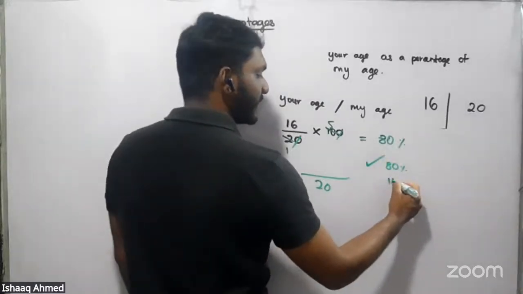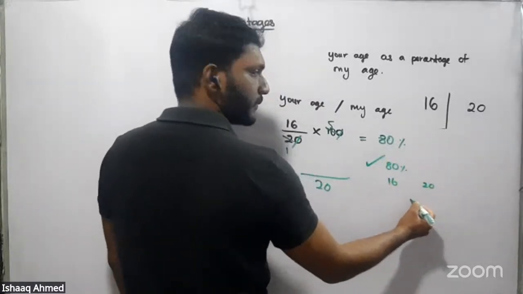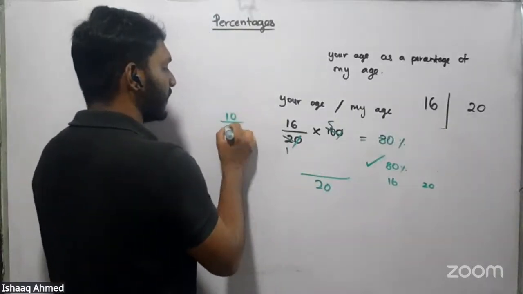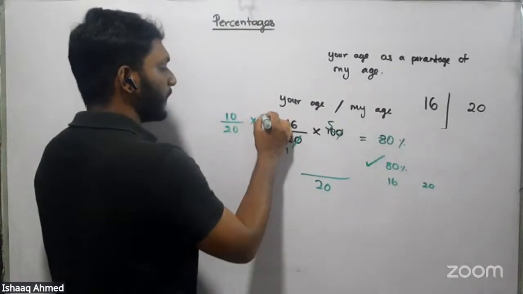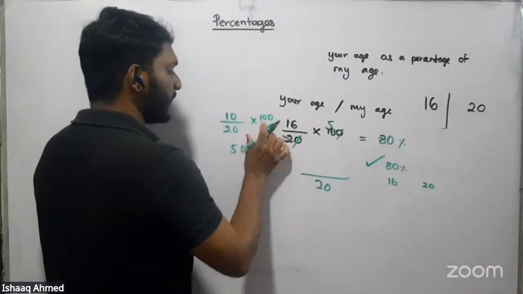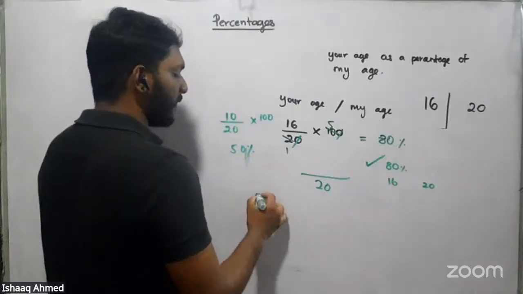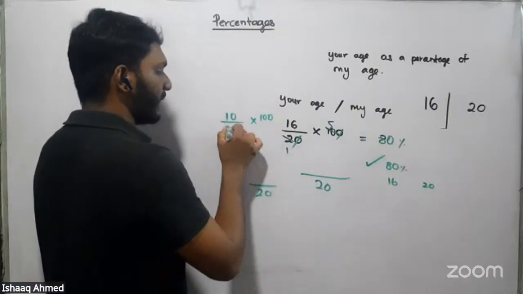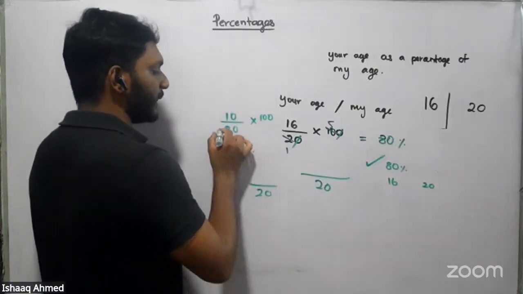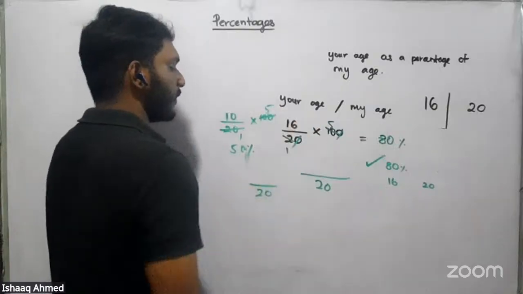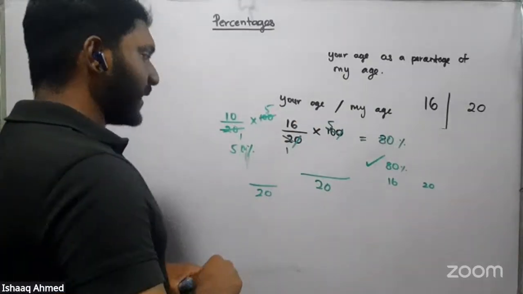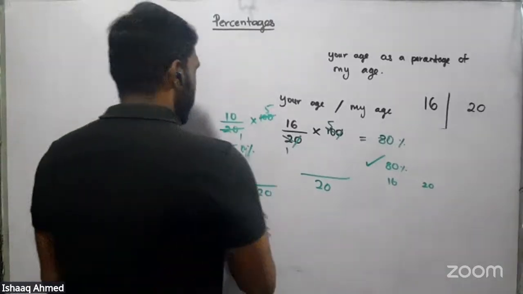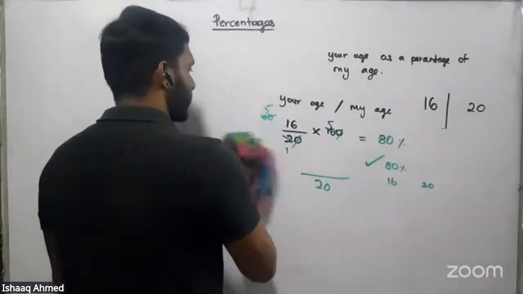You're almost there. 16 is almost close to 20, no? In the same way, my brother who is 10 has only completed 50% of my age. He has only completed half of my age. I can say I have lived twice his lifetime. So this is how you can express anything as a percentage of anything else. Right. I hope you understood that.